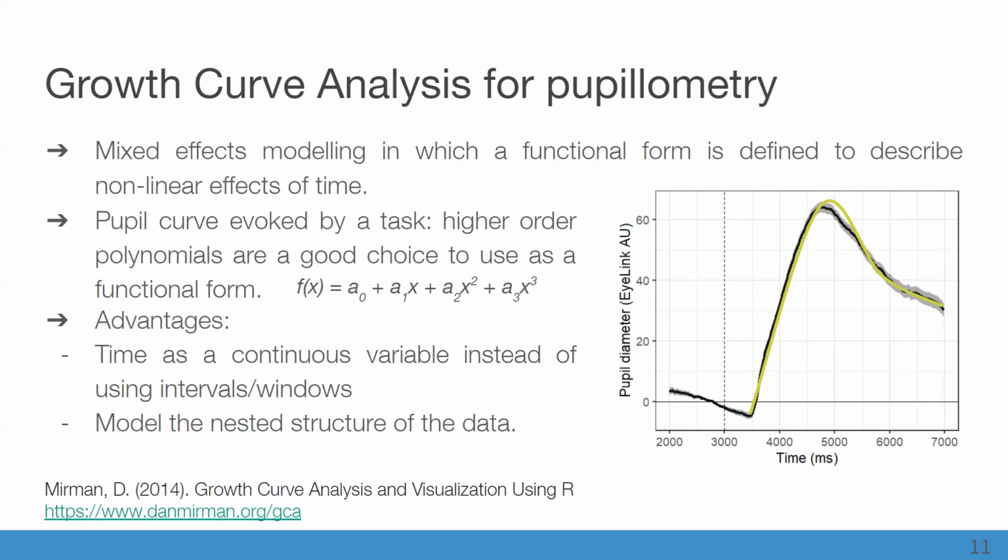And sometimes you may also not know which window is appropriate to use. So that is an advantage of this kind of analysis. And also we are able to model the nested structure of the data with this mixed effects modeling. So yeah, as Ruth also told you, I highly recommend reading Mirman's book, and he also has a blog in which he has a few more things.